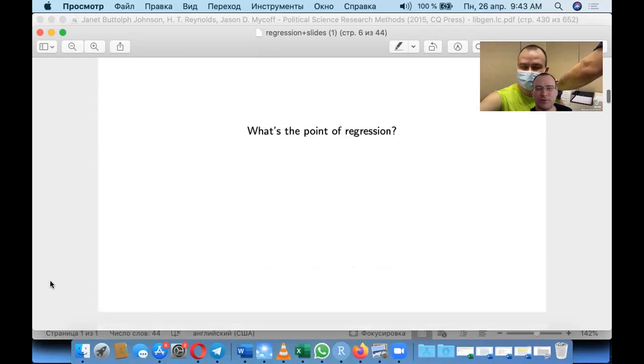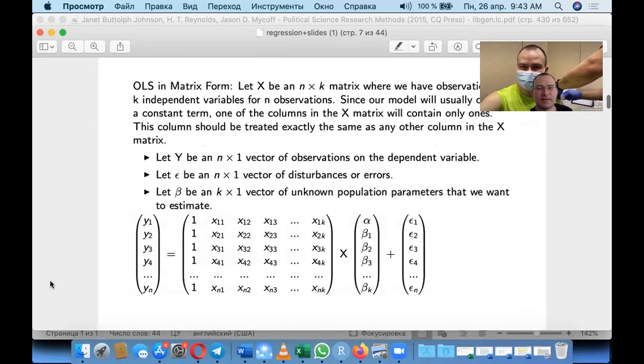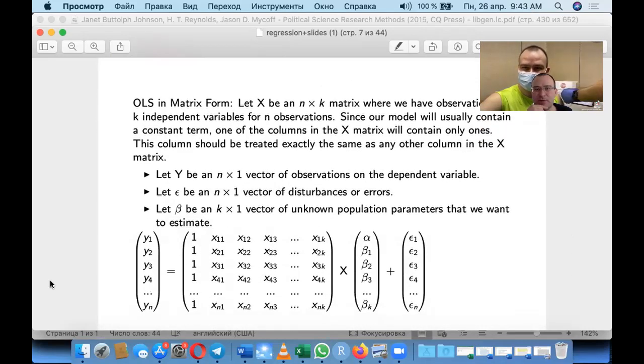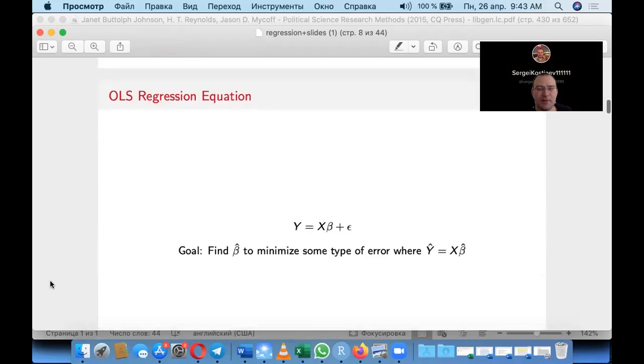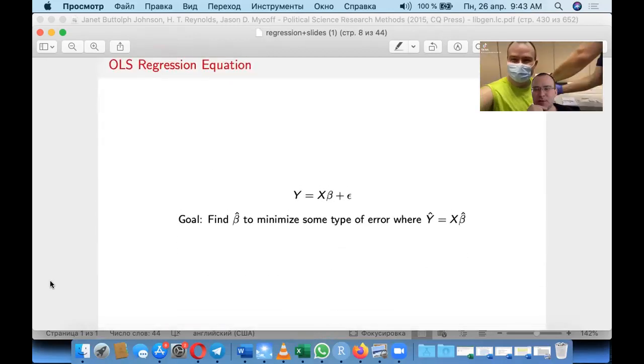So what's the point of linear regression? This is how it looks in matrix form. If you have taken calculus in high school, you might remember it. But this equation is probably more familiar to you. So y is always your dependent variable, x is your independent variable, beta is your coefficient, and this last Greek letter is an error term.